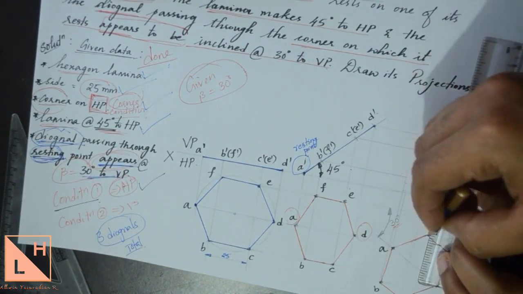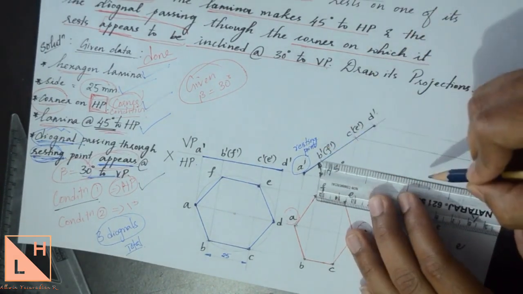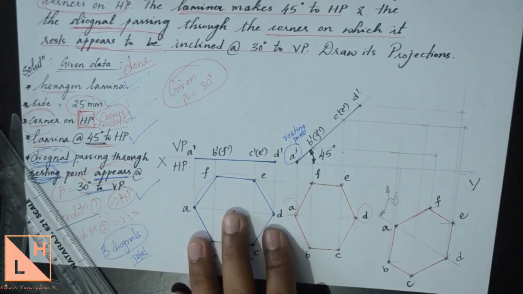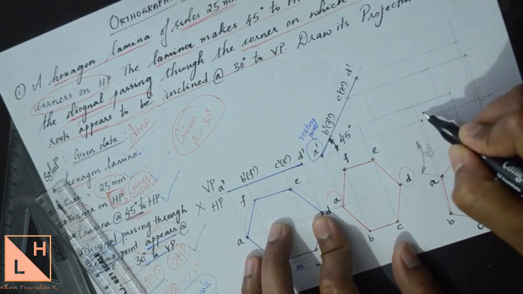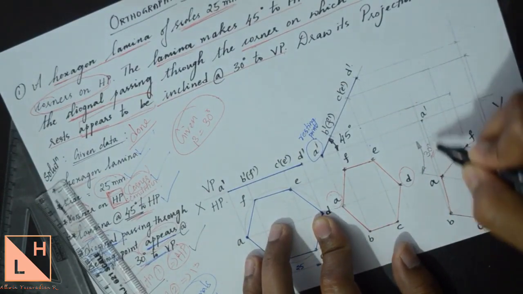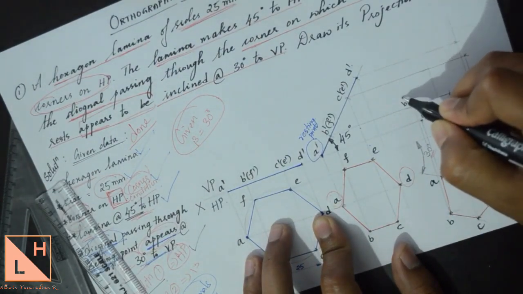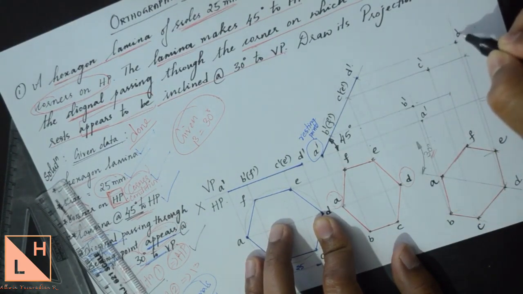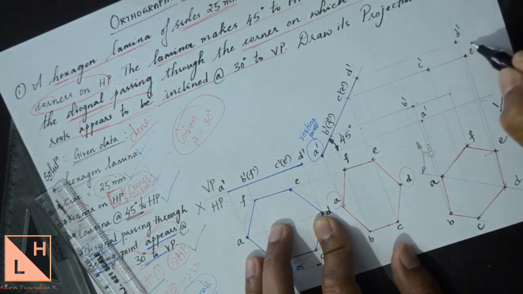Mark the intersections with a dot or a star as I'm doing, because you must not get into confusion in the later stage. So once I get the intersection, I'm marking it with a star and naming them. Above A you'll get A dash, above B you'll get the new point B dash, likewise D dash, E dash and F dash.